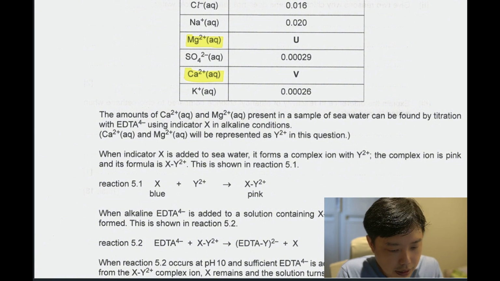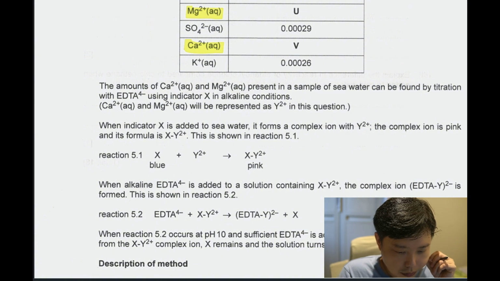EDTA is a hexadentate ligand that you learn in transition elements, which can form complexes. They also have an indicator X, so this is a titration in alkaline solution using indicator X.